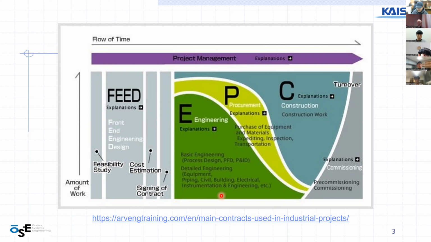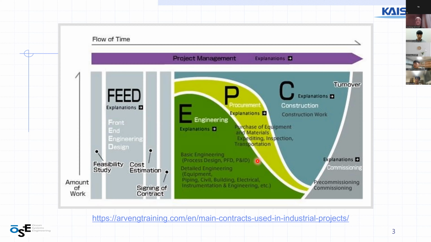This figure is about main contracts used in industrial projects. FEED is the process for conceptual development of projects in processing industries. This involves developing sufficient strategic information with which owners can address risks and make decisions to commit resources to maximize the potential for success.